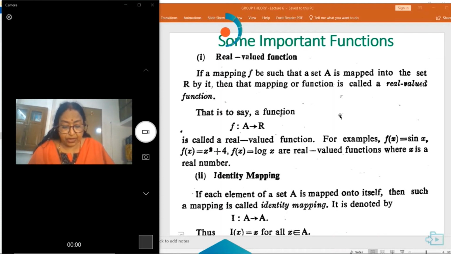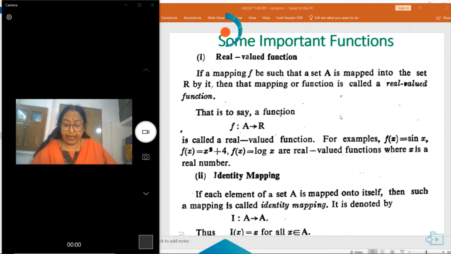Suppose f is a function from A to R and f(x) is equal to sin x or f(x) is equal to x square plus 4. So if we put the values of x, we get the values of f(x), which belong to the real numbers. So here the function is f: A to R.